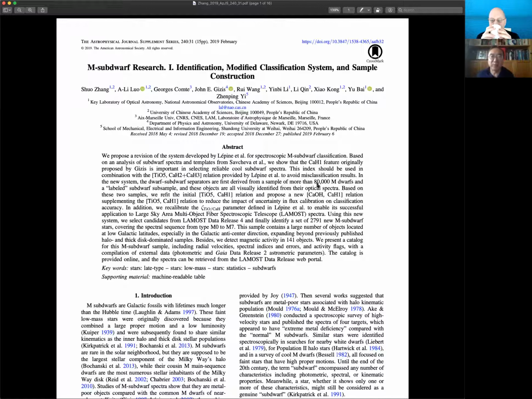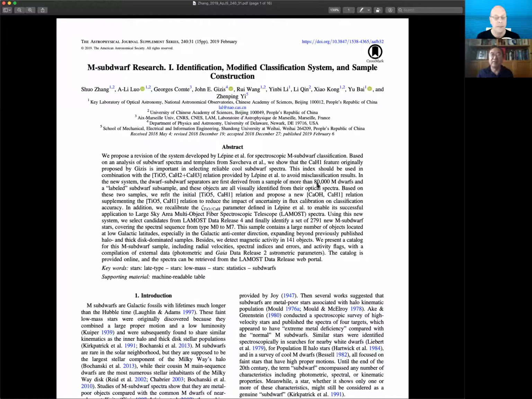We have now completed another one and plan to submit it this week, about the parameters and kinematics analysis of these M-subdwarfs.